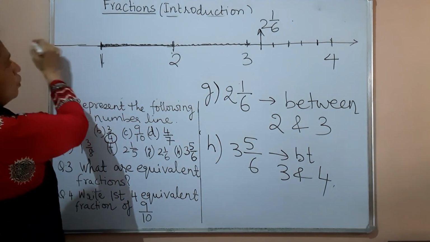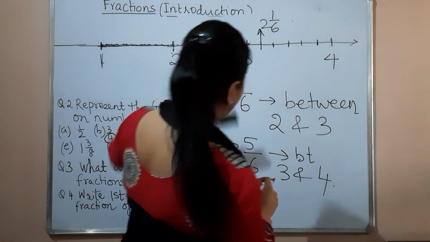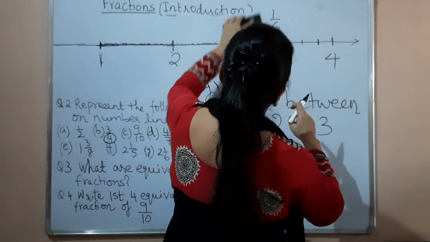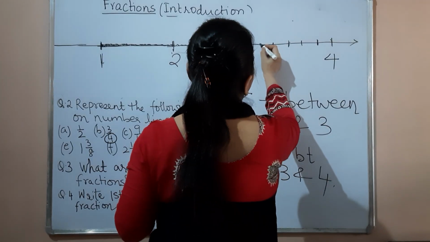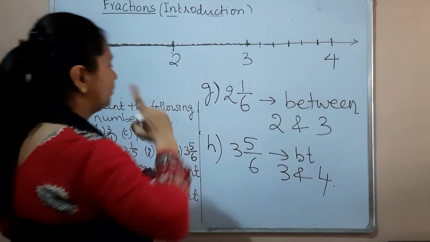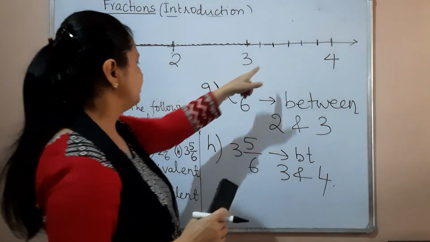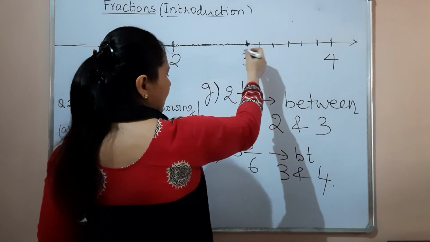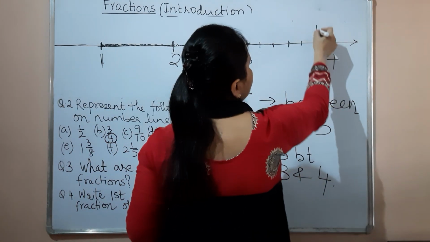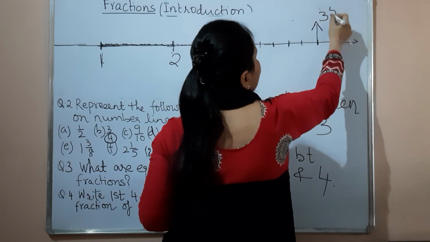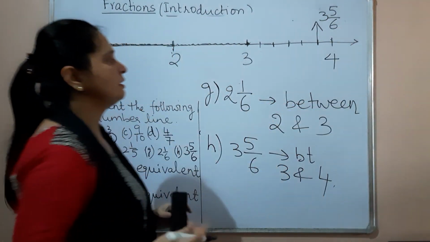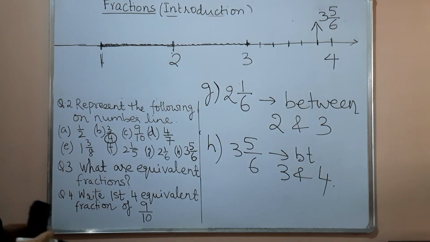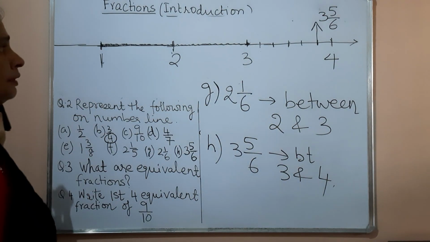Obviously 0 is here, and 3 whole 5/6 means we have already divided it into 6 equal parts. These are 6 equal parts, 3, 4, and 3 whole means till here and then 5/6 more means this is 3 whole 5/6. Alright, so this is represented. So we have done question number 2 even.